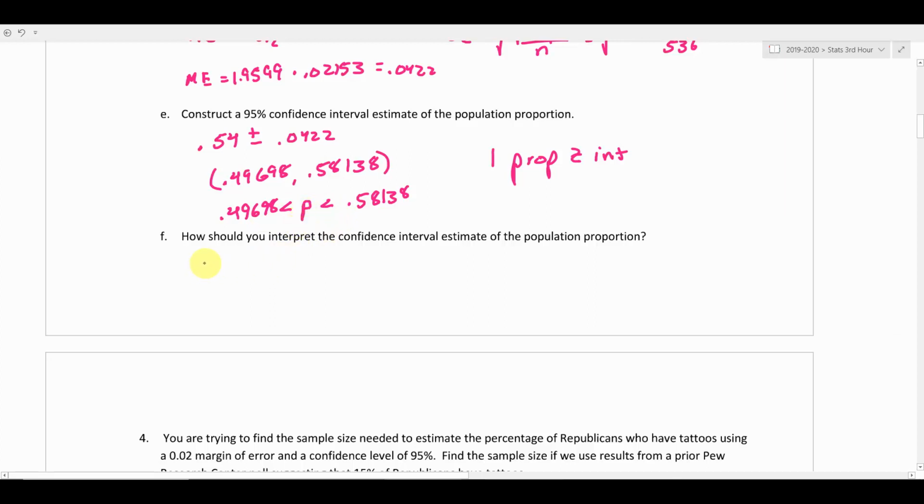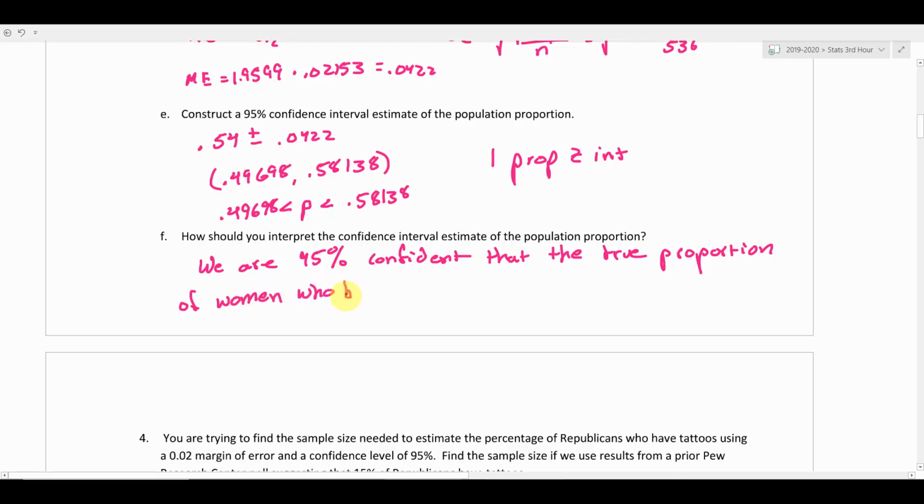So we would say something to the effect of, we are 95% confident that the true proportion, or actual proportion, however you want to word that, of women who shop online, or who buy clothes online, is between these two numbers, right?